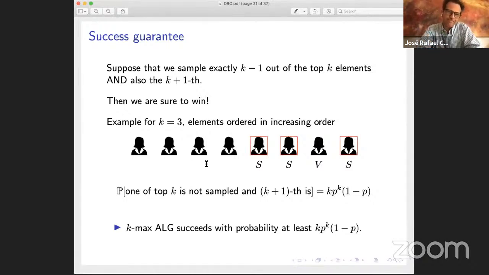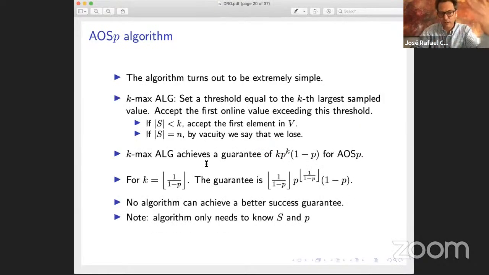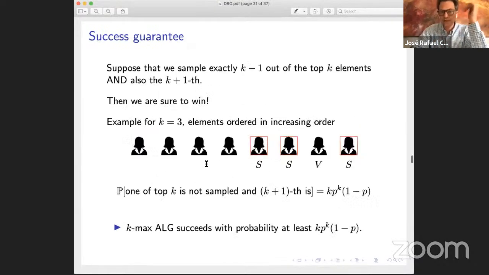Okay, so let's try to analyze the algorithm first. We're going to use a K-max algorithm. So suppose that we sample K-1 out of the top K elements, and also we sample the K+1. So we have all these values, and we sample K-1 out of the first top K, and also the K+1.